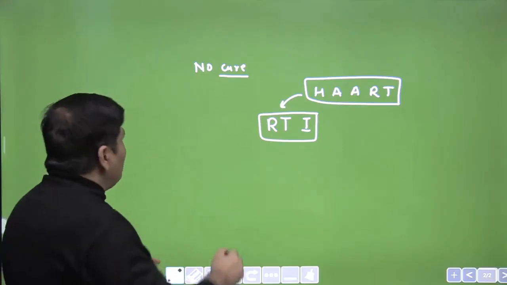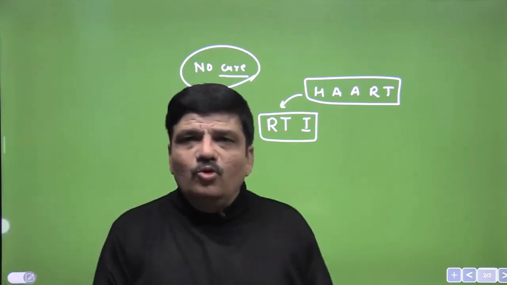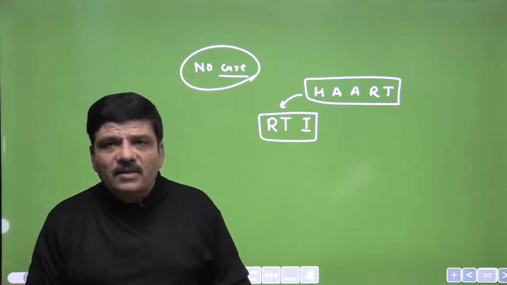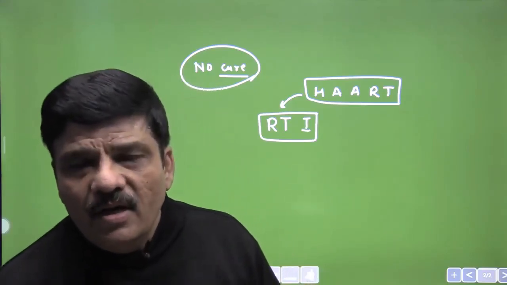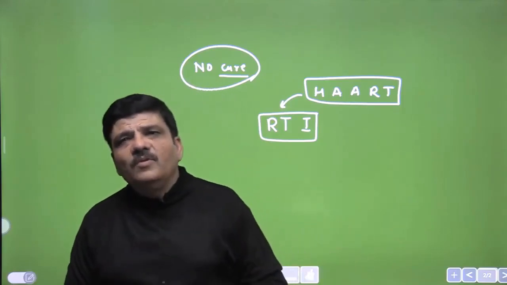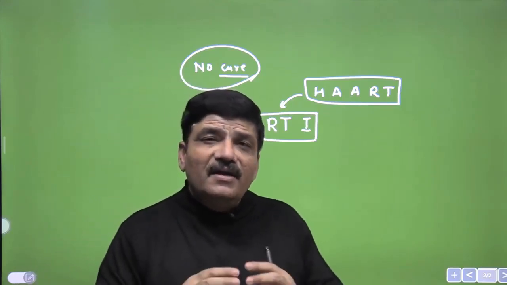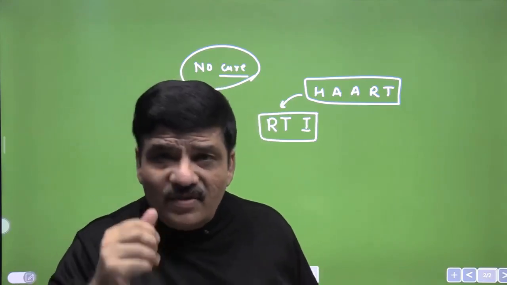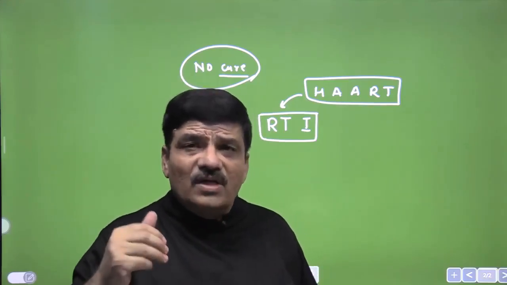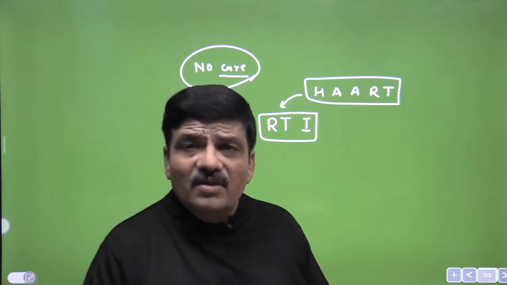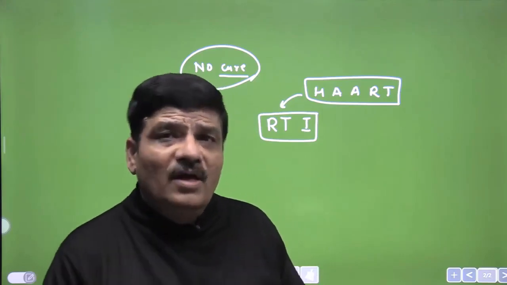Now, if there is no cure for a disease, what would be better? The answer is prevention. And how do you prevent the disease? By spreading awareness. So you know about the modes of transmission, get the people aware about how this is transmitted. You tell the people about safe sexual practices, the use of barrier contraceptives, safe transfusion practices, antenatal screening of the mother, because if the pregnant female is identified as suffering from HIV, and you start HAART well in time, then in most of the cases the child that is born is actually not HIV positive.